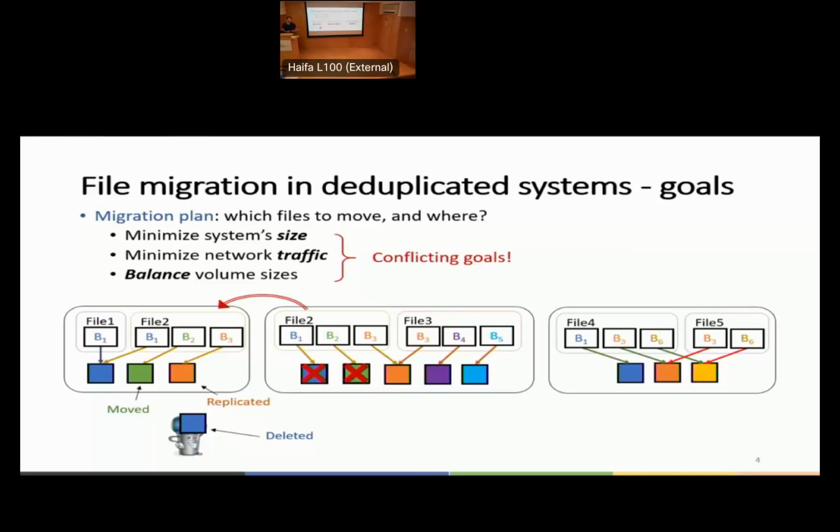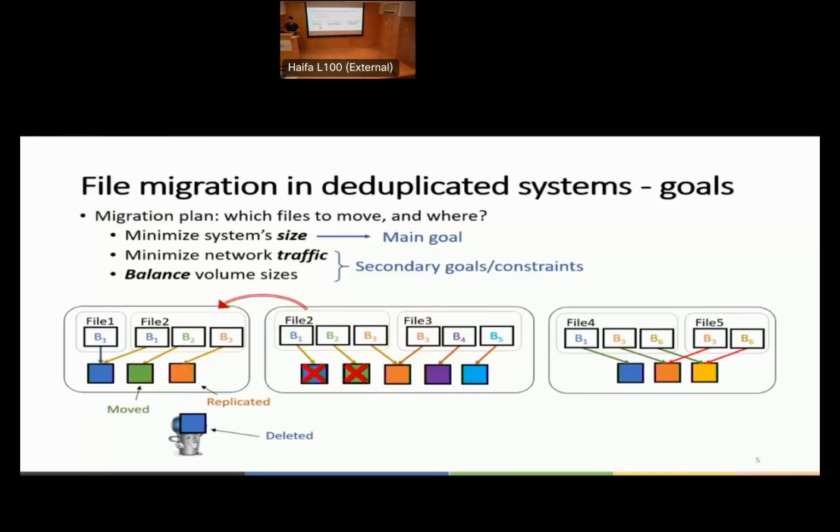But if we do that, we violate the principle of balancing between the different volumes, because we will have only one volume that has the entire data. So we addressed it by deciding that the main goal of our approaches will be to minimize the system size. This is our main goal. And the other two goals, we refer to them as secondary goals, or even constraints in some cases.